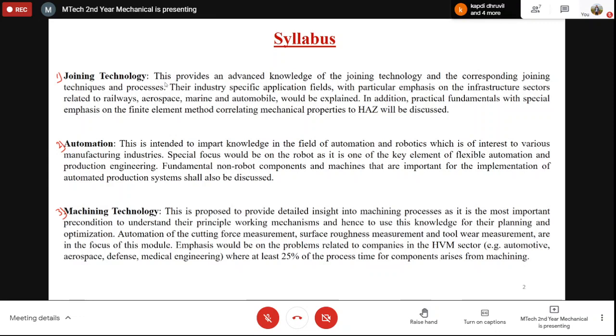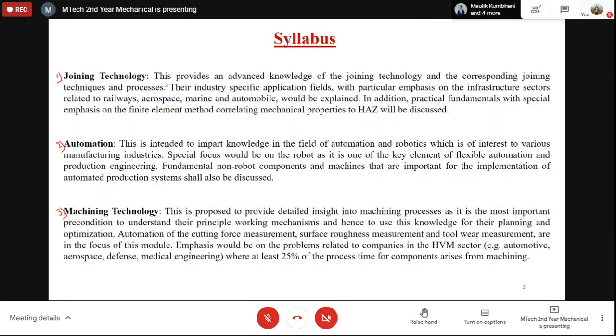Since the course is focused on infrastructure technology, we will look at the specific application of these joining techniques in various industrial fields, particularly the railways, marine, automobiles and aerospace.